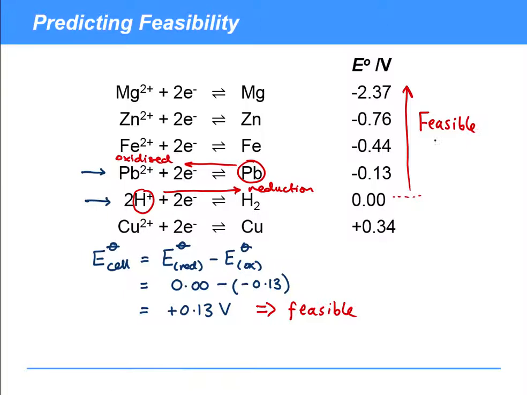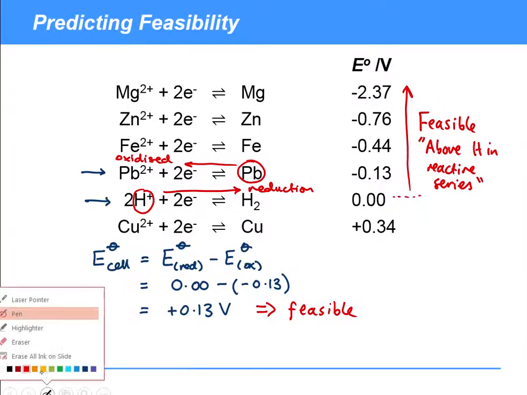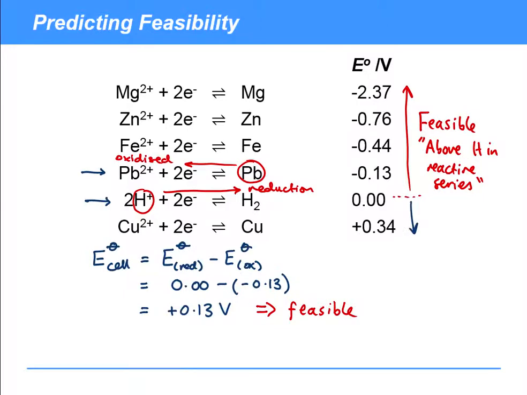And these are the metals that are above hydrogen in the reactivity series. That's a bit of a vague term, but to make a connection with what you should have done in previous chemistry courses. So this is above hydrogen, whereas we would say that anything which is positive is going to give us a negative E cell, so this is going to be unfeasible. So our prediction then, if we take these 5 metals, is that we should expect to see hydrogen gas being produced by all 4 of these, but nothing coming off the copper.